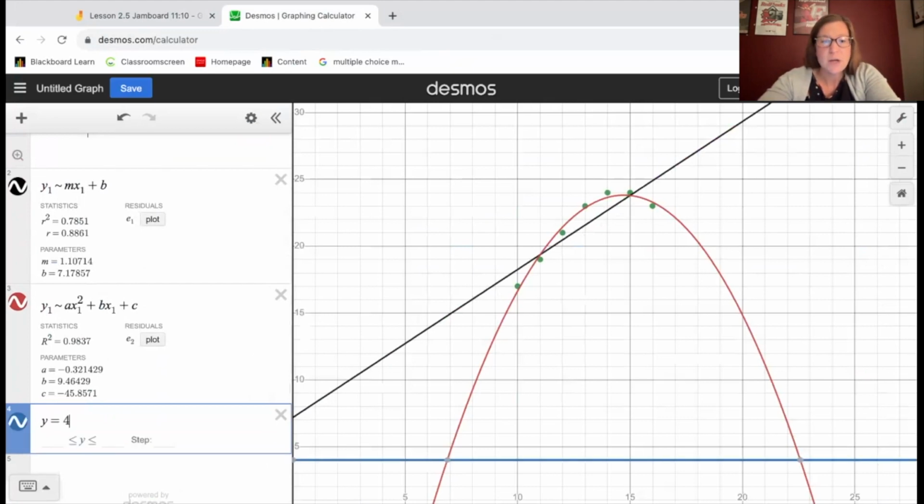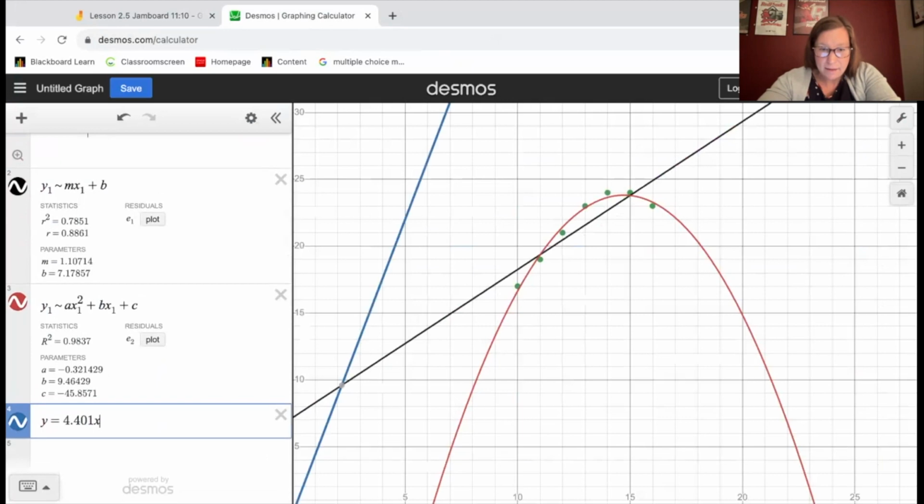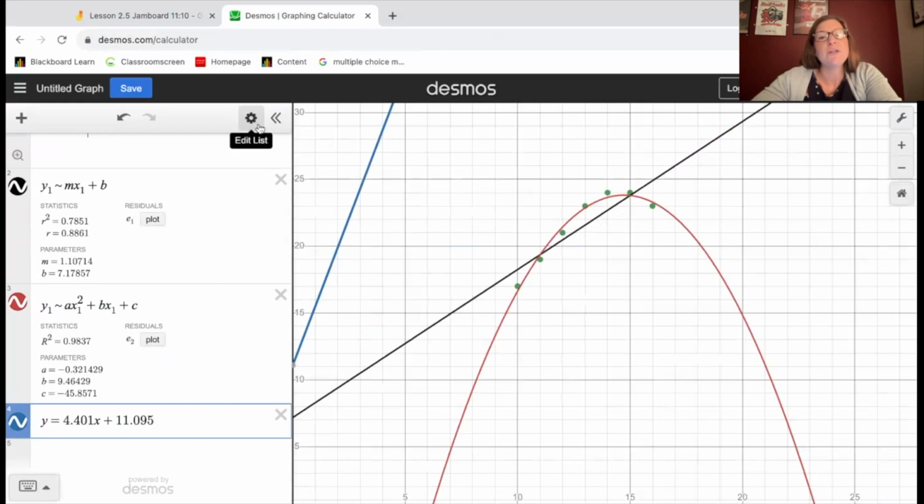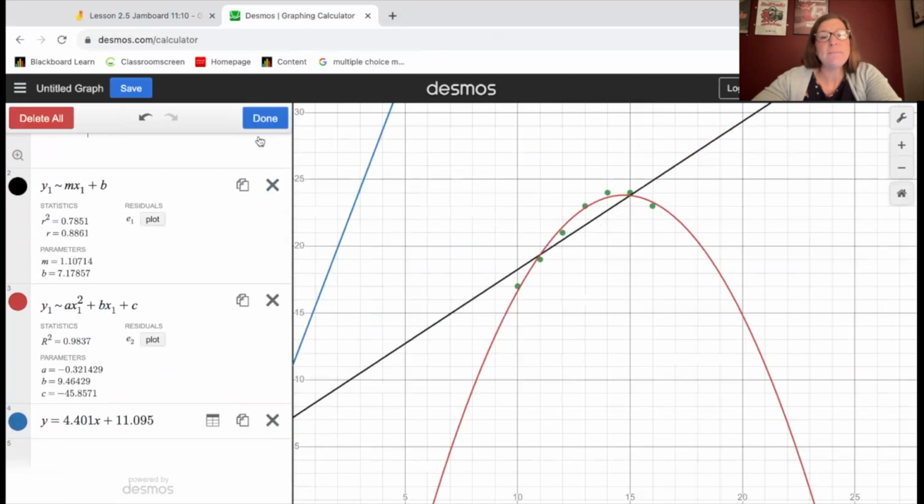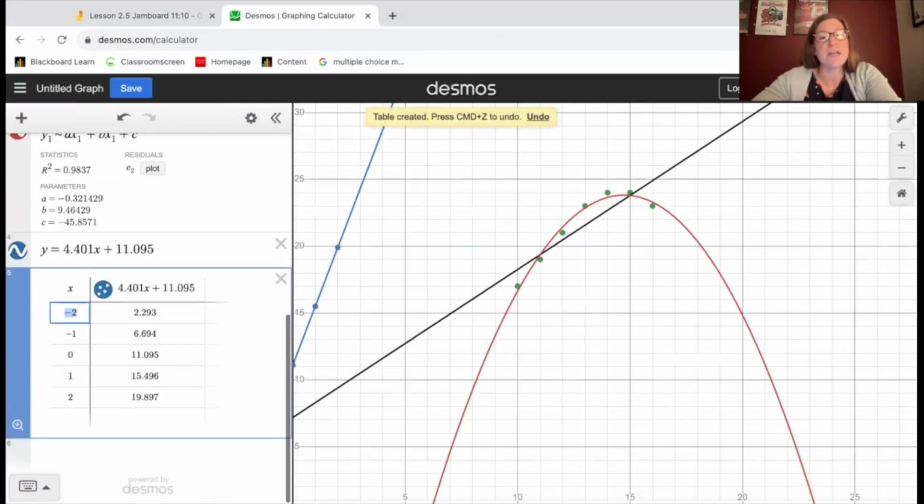We said our regression was y is 4.401x plus 11.095. Then while I'm highlighted here, notice I'm going to grab this little gear right at the top. It says edit list. When I select this option, it's going to let me turn that equation into a table.